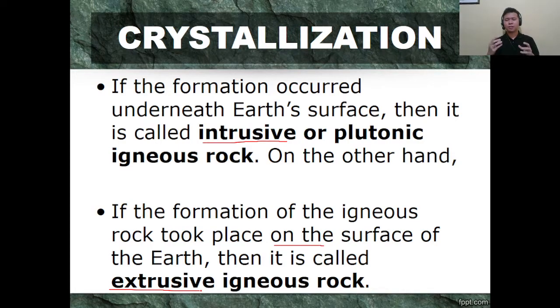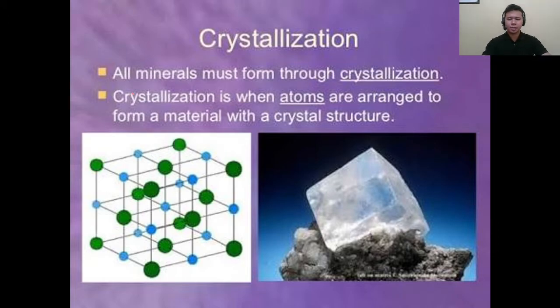There are crystals formed in between igneous rock and metamorphic rock. So for sedimentary rocks, there are some crystals as well, but it is not that abundant compared to igneous rock and metamorphic rock. Okay?